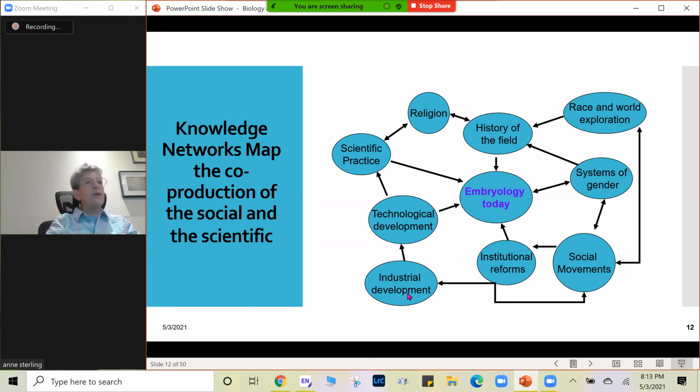Well, that had something to do with industrial development, because as industries developed, they developed certain kinds of technologies which then found their way into basic science.